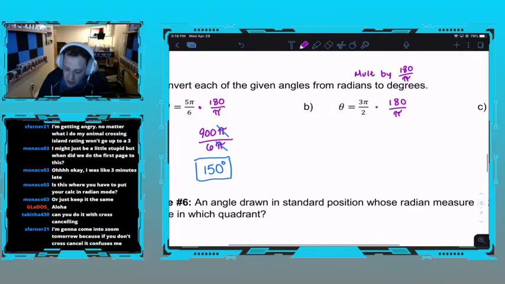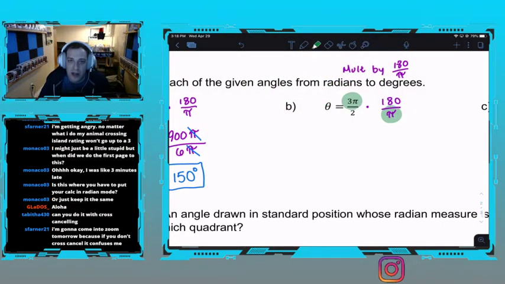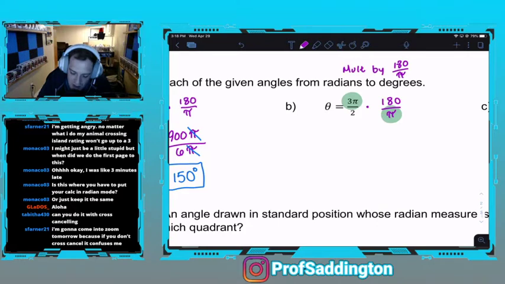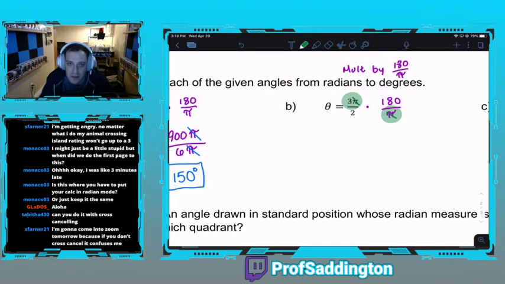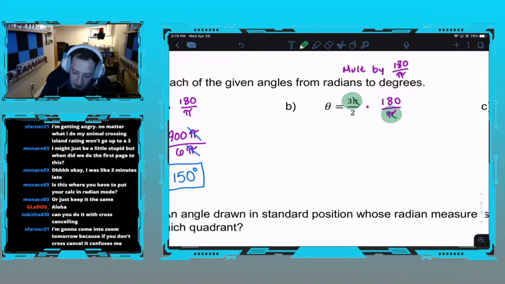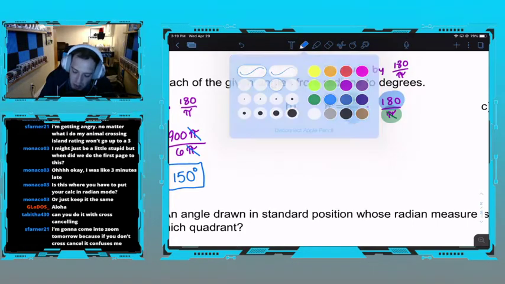So if we cross-cancel in part B, if I look at the 3 pi and I look at the pi, the only thing that we're allowed to cancel out in this case are the pi's. So the pi's are gone. If I cross cancel the other part and I look at the 2 and I look at the 180, we can divide both of those by 2.